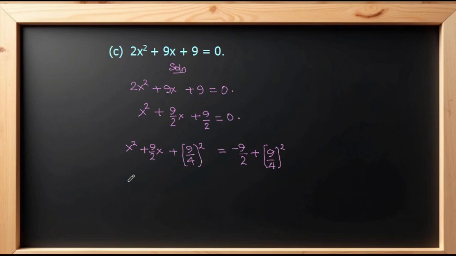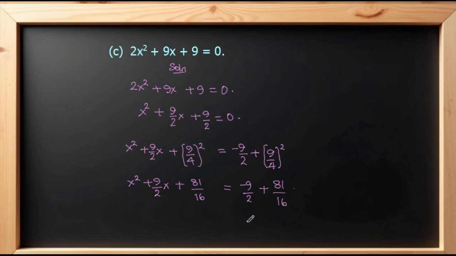So we have here x squared plus 9 over 2 x plus, so we can use distributive law where the power is also to this 9 and this same power is to the denominator 4. So when we square 9 we get 81 over squaring 4 we get 16 equals negative 9 over 2 plus, so this is the same thing, 81 over 16.